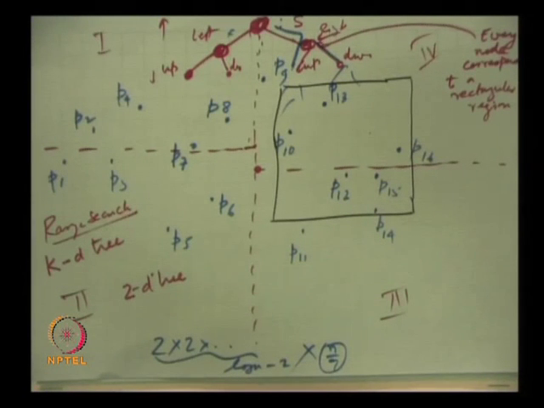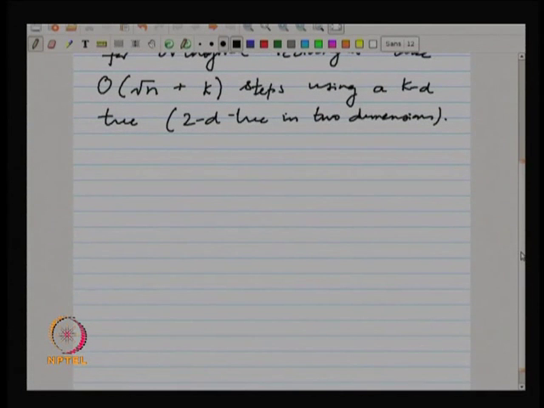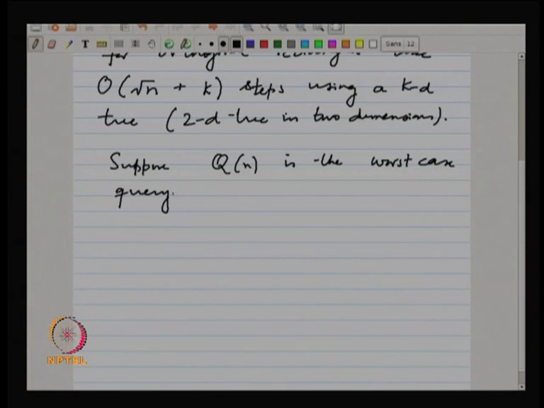And so how do we do the analysis? Because the search tree is itself defined recursively, you can try to write a recurrence for the query time, right. Suppose Q of n is the worst case query time.